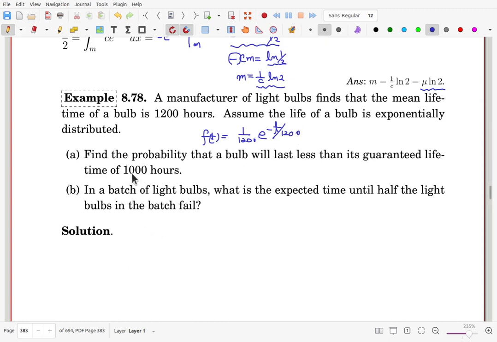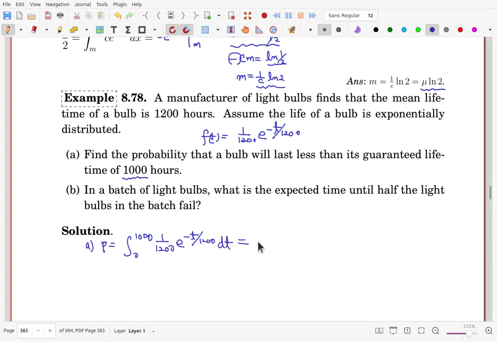So once we have to get the probability such that the lifetime is less than 1,000, then for part A, the probability is basically the integral from 0 to 1,000 of the probability density function, 1 over 1200 e to the minus t over 1200 dt.